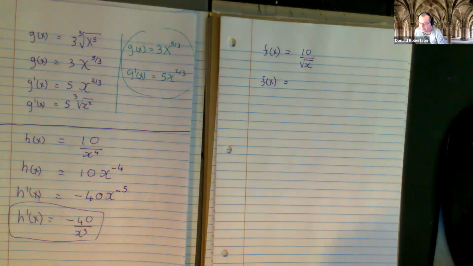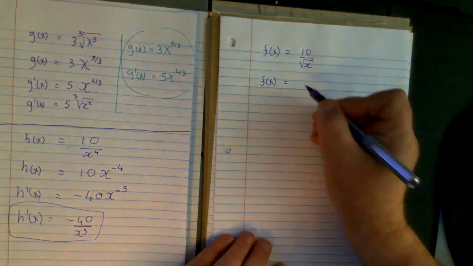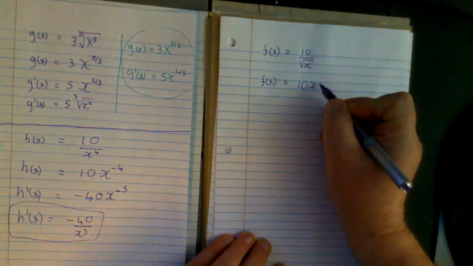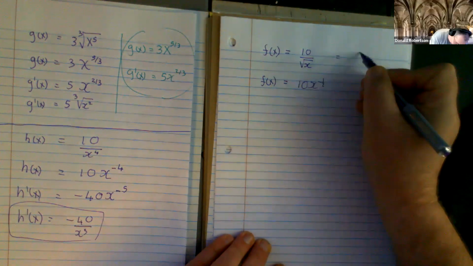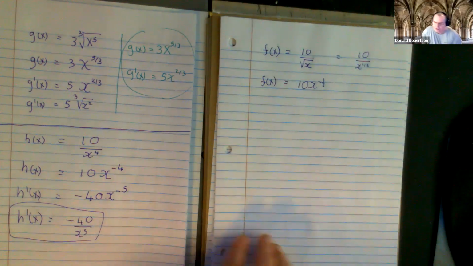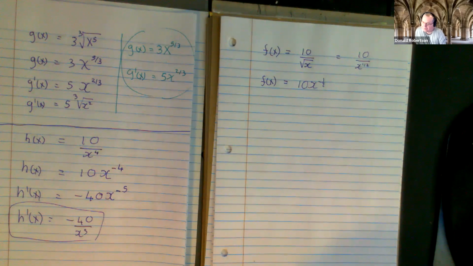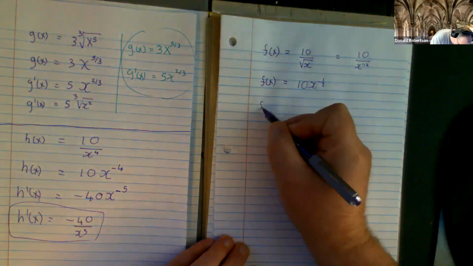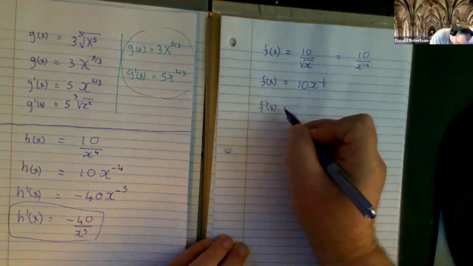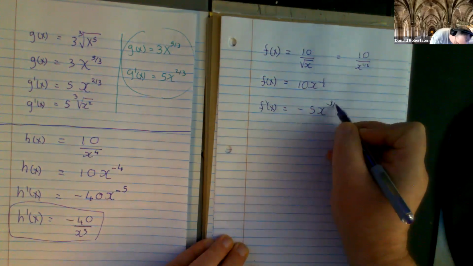Because right now I can't use any rule. 10 times x to the -1/2. For those who want to see the intermediate stage, wouldn't you call it that first and then get what you just said? Now, in that format, isn't the power rule allowed? So multiply by the power and reduce the power by 1.